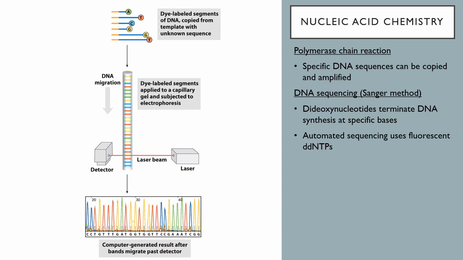Whole genome sequencing would involve a lot of work if we were trying to do it one piece at a time. So there are a lot more sophisticated techniques that involve complicated machinery and computational algorithms to determine DNA sequence. But it's still useful to understand how DNA sequencing was done before modern technology made it easier.